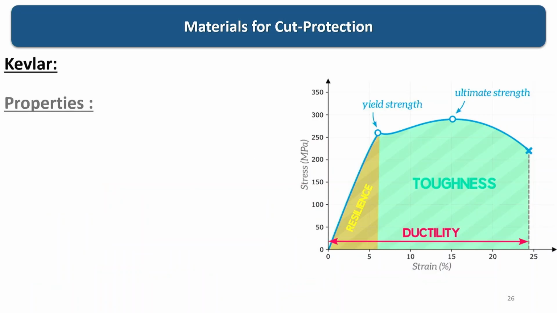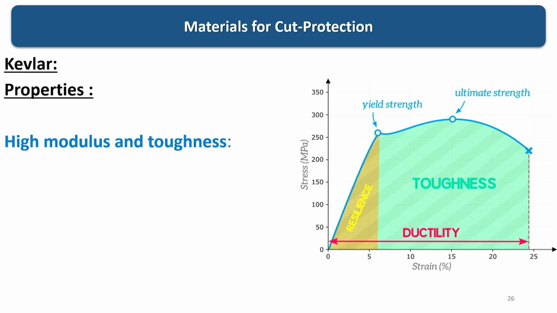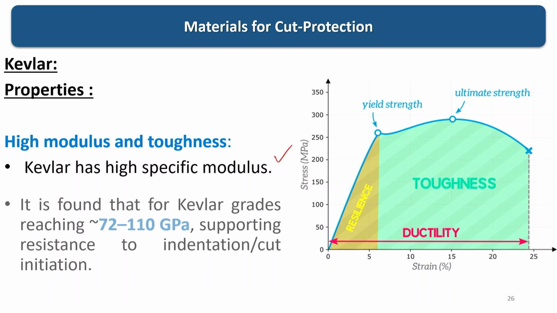Now, toughness and ductility: high modulus and very good toughness. Kevlar has high specific modulus, as we have already seen earlier.